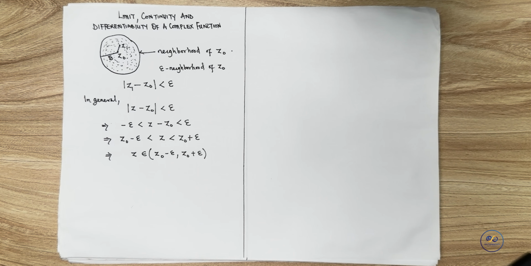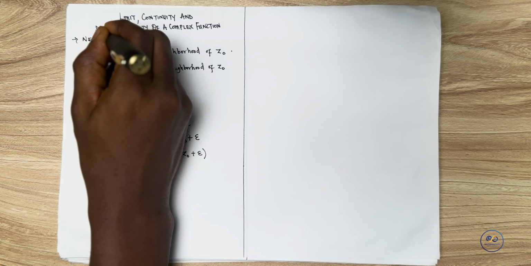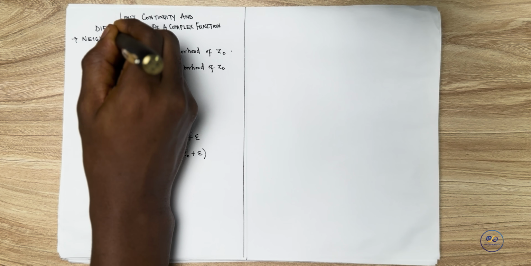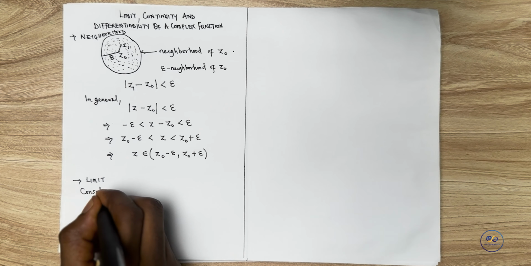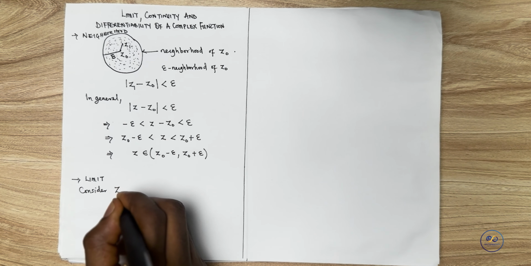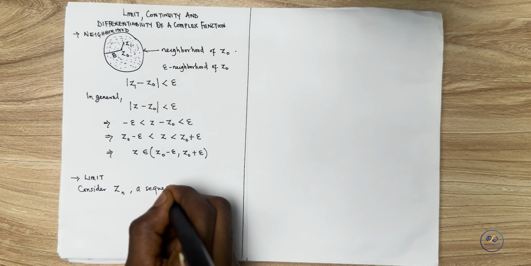So we have looked at the neighborhood of a particular complex number. Let's look at what happens when we take the limit of a sequence of complex numbers. So now, let's have ourselves a proper sequence Zn as a sequence of complex numbers.